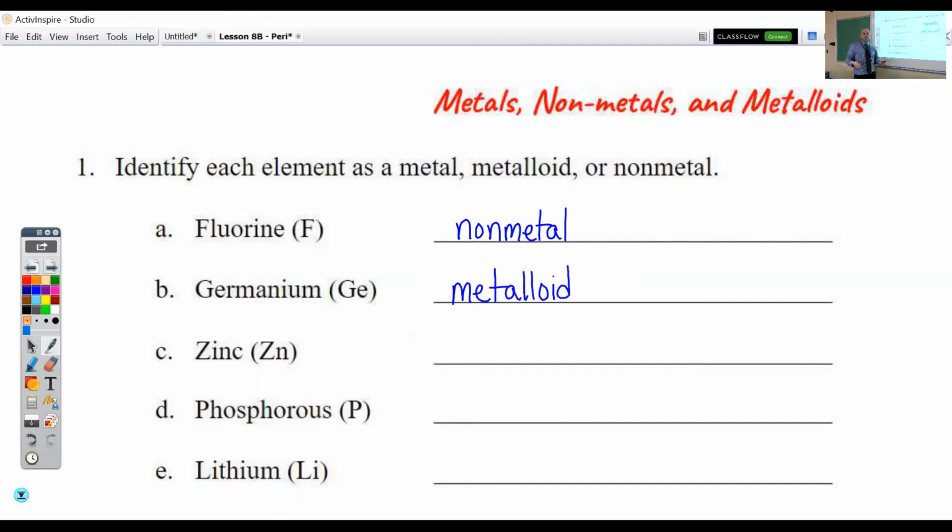Zinc. Zinc is something that you should be familiar with. That's a metal. Phosphorus is another nonmetal. And finally, lithium is our last example, and that's another metal.